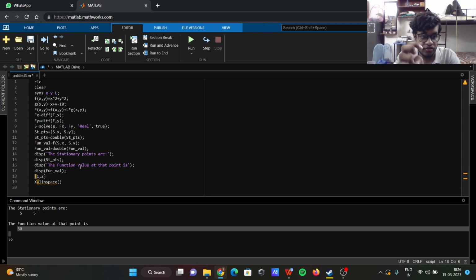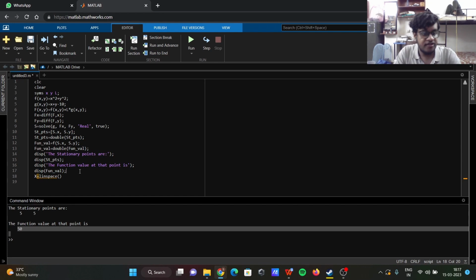So let's say we take linspace 1 to 2 with 200 points. Basically, this means that on a number line it will take 200 points from 1 to 2, like 1.005, 1.01, 1.015, and so on. It will take 200 discretized points, equally divided.